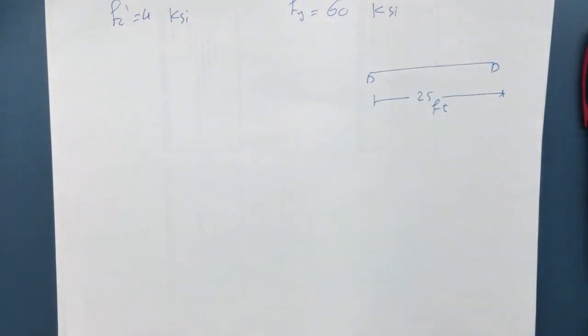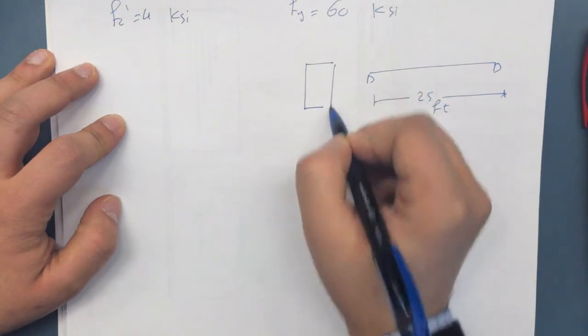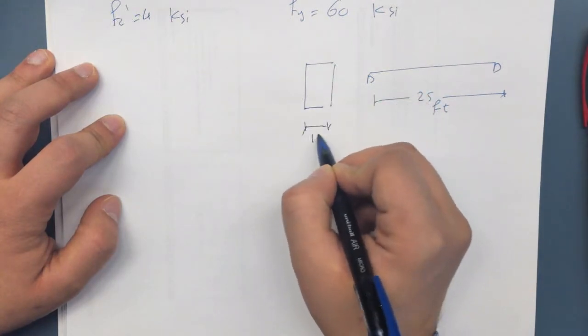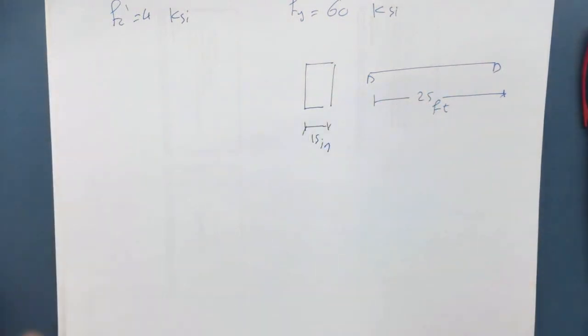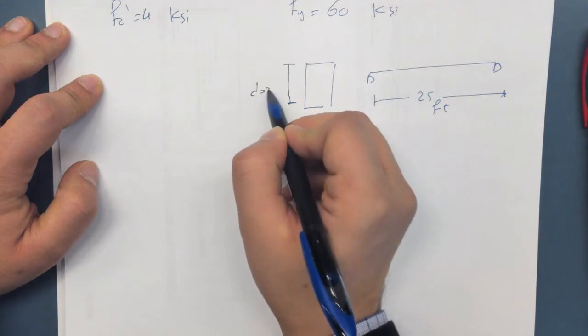This is a lot of information. And the width of this section is 15 inches. So if we draw the cross section of this beam, it has a width of 15 inches. And the depth of this section, so d, to the steel, is equal to 24 inches.